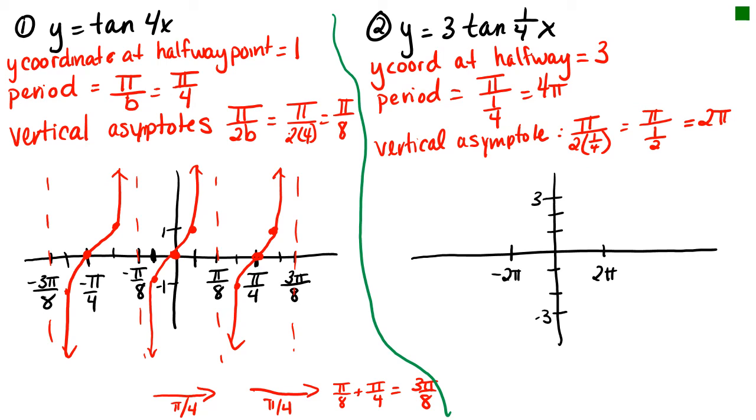If I add another period to that, and my period is 4 pi, then I'm going to go to 6 pi and -6 pi, and those are where my asymptotes are. So this was 2 pi plus the period of 4 pi, if you want to know where I got that.